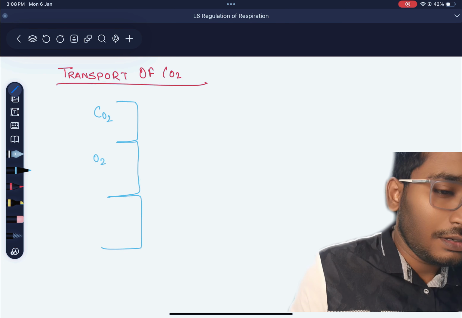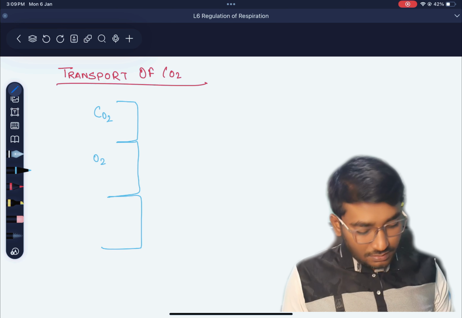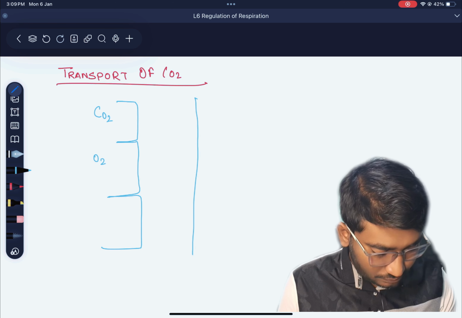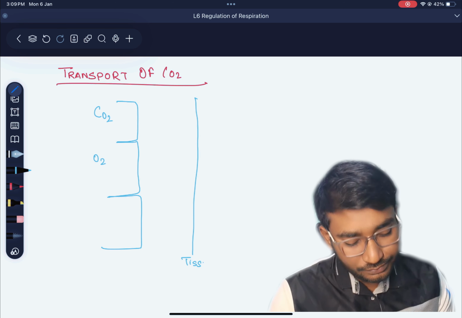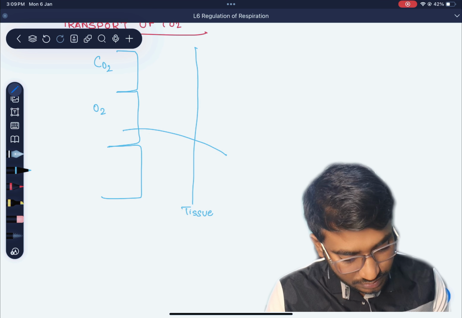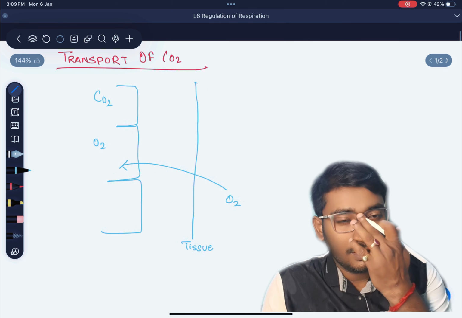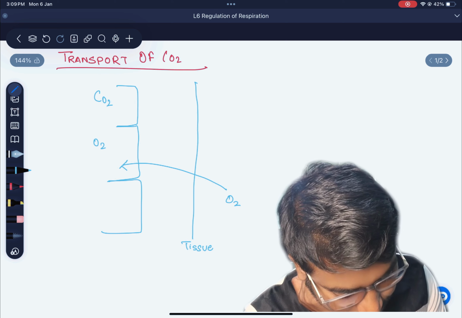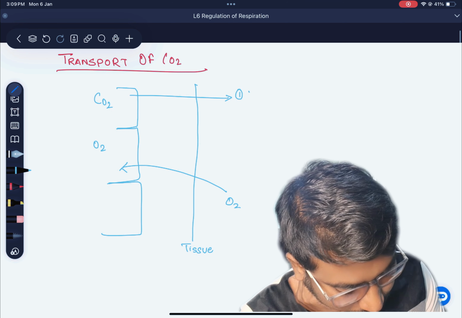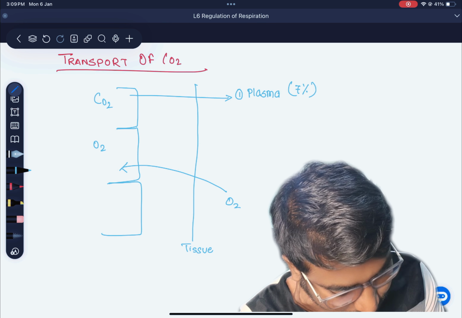Now from here, the oxygen comes to the alveoli. Here, the carbon dioxide is transported in two ways. In plasma, how much percent? 7% in plasma.